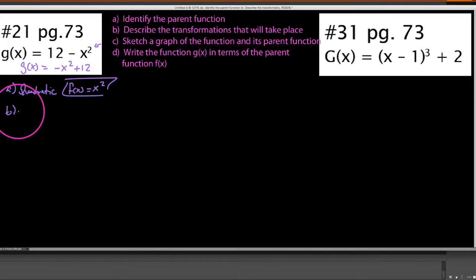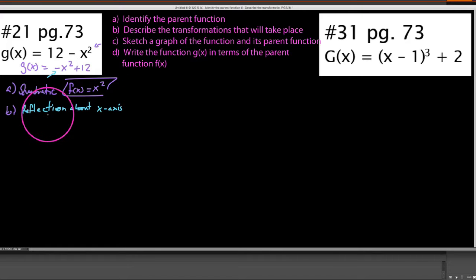In terms of what transformations I see taking place, what I want to point out is essentially this. Because I have a negative as a coefficient on my x squared, I've really kind of made my function negative. I'm going to say that this has a reflection about the x-axis.